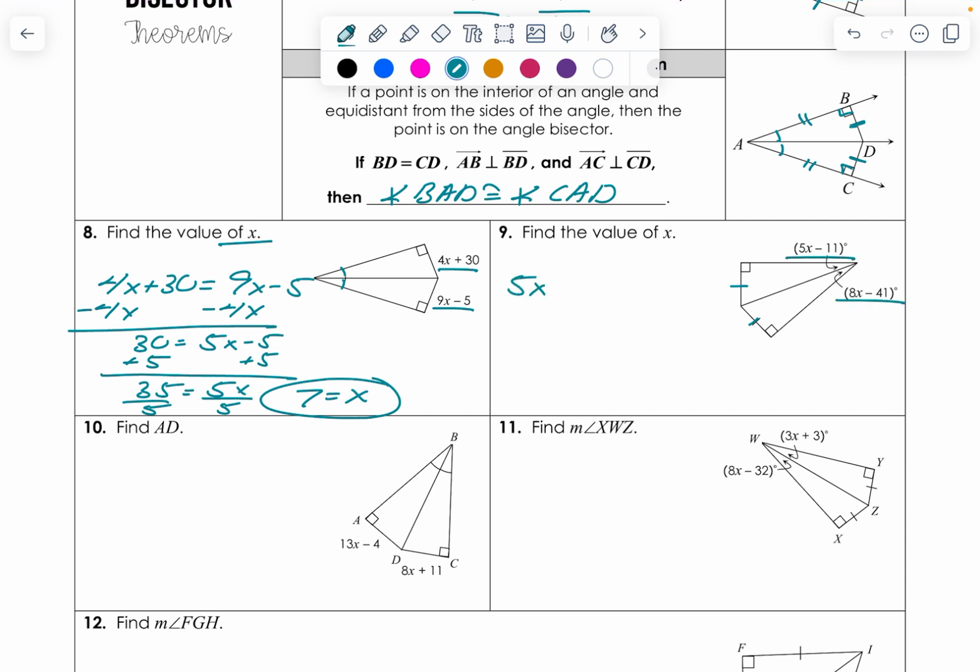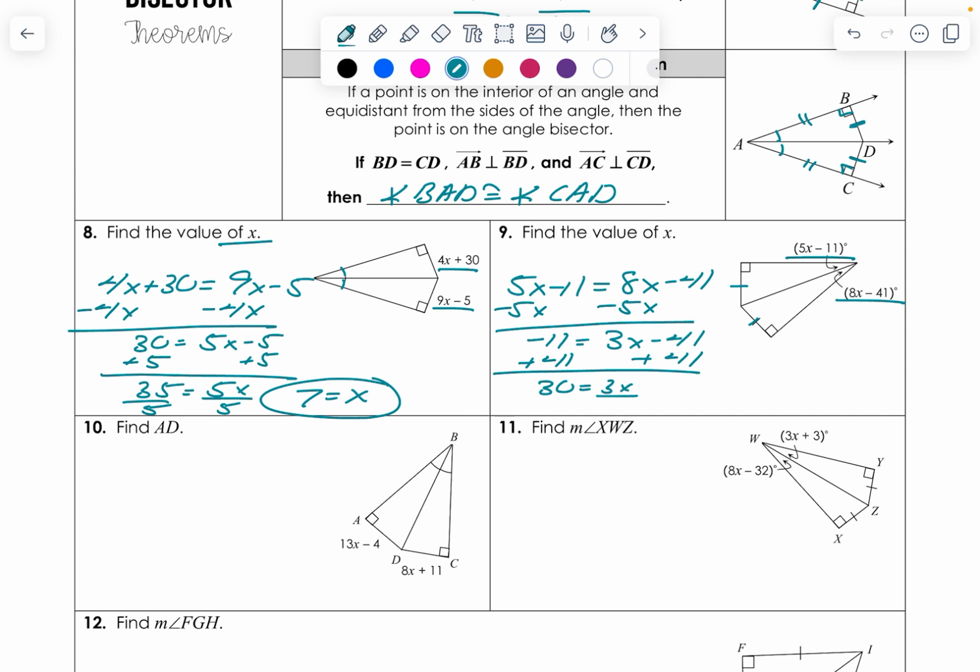So 5x minus 11 equals 8x minus 41. Minus 5x. Negative 11 equals 3x minus 41. 30 equals 3x. 10 equals x. Done.